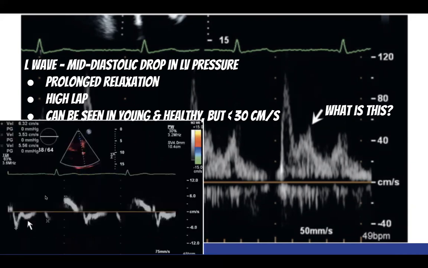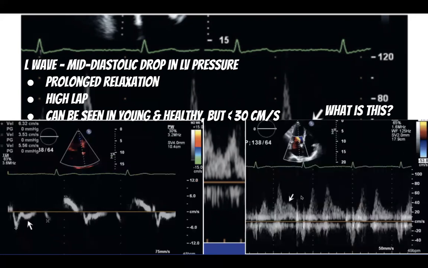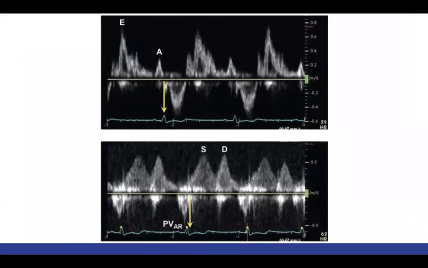This is the mitral inflow velocities, but you can also see this L wave in the mitral annulus velocities and in the pulmonary vein flow velocities. Another thing is that PVA in these cases will be longer than the atrial wave of the mitral inflow.